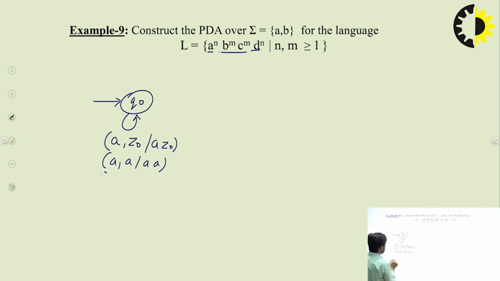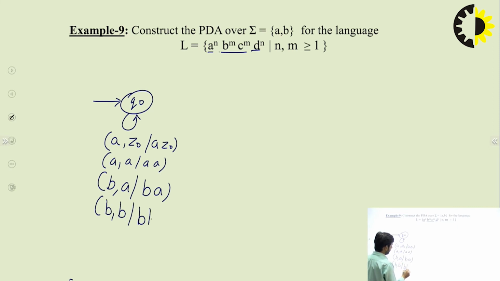Now when the input is B and the top of the stack is A, we push B. Okay, we push B A, and when B is the input and the top of the stack is B, we push B B. So all A and all B will be pushed.